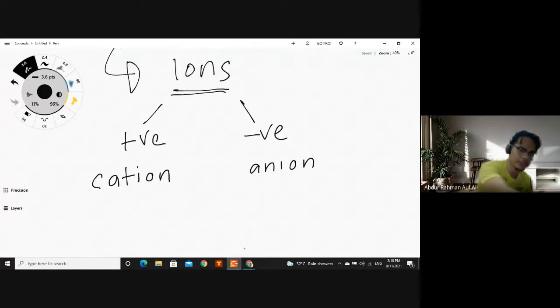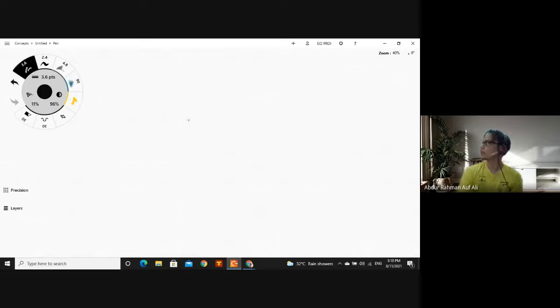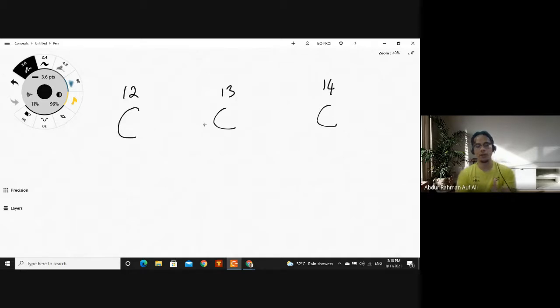Katakanlah for example, I just use my own board lah. Okay, katakanlah kita nak carbon. Elemen carbon. Okay, kita ada carbon 12, carbon 13 and carbon 14. So the difference between all these carbons adalah bilangan neutron dia.